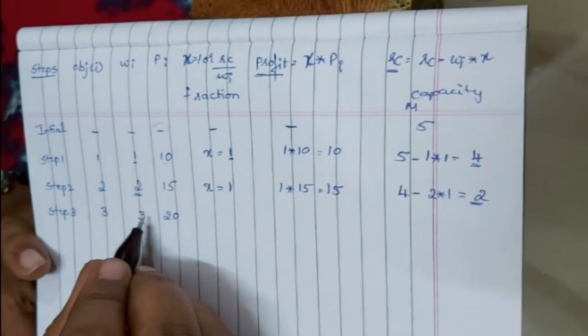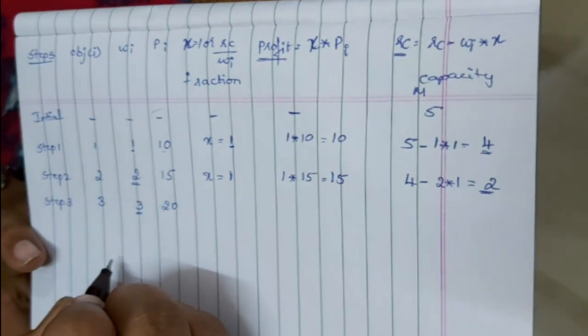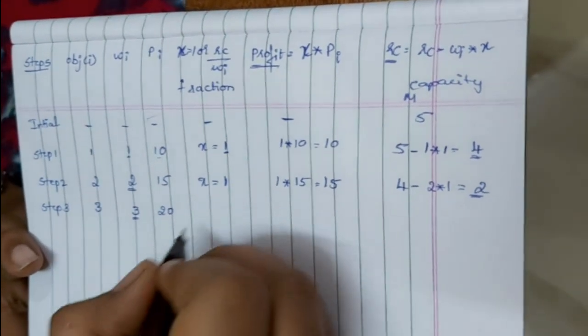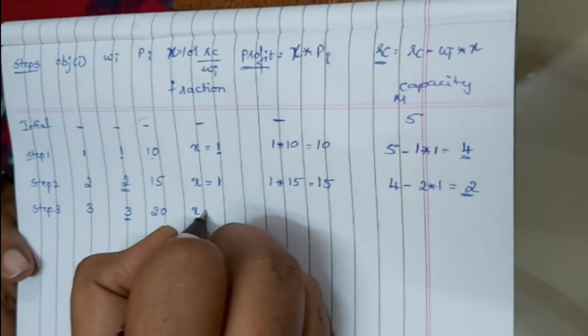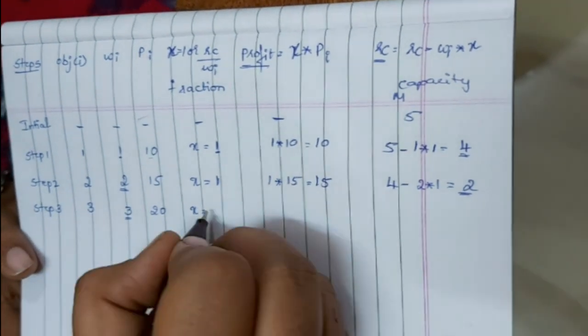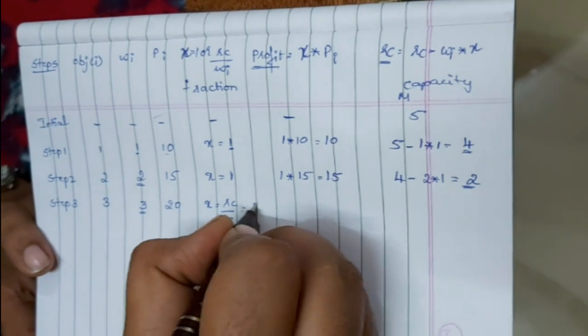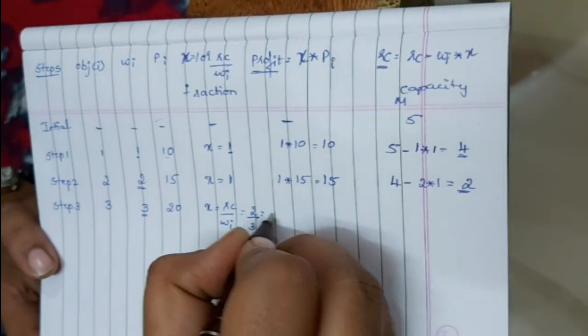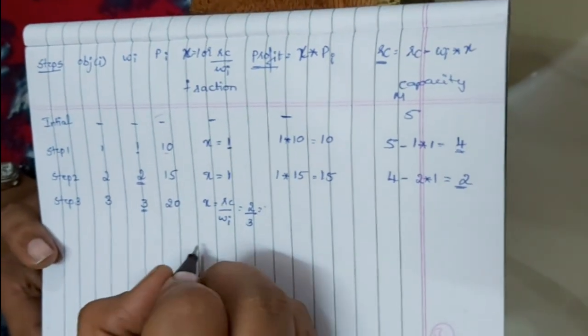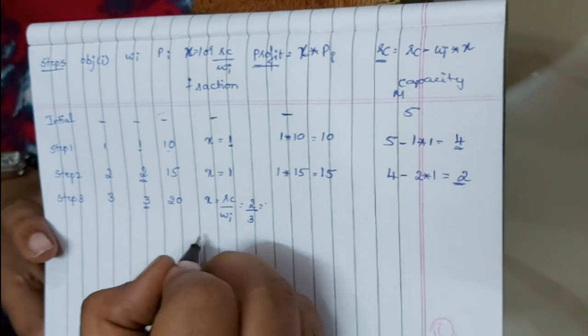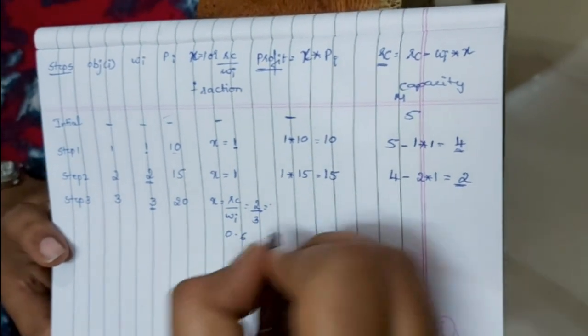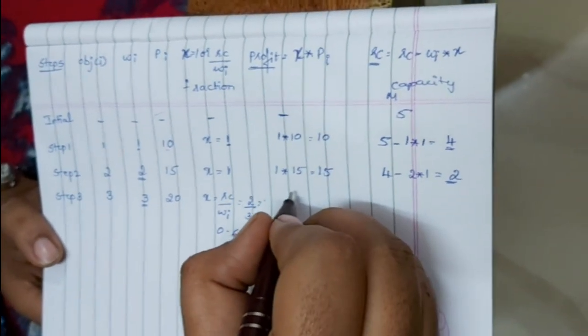So we cannot insert the entire item into the knapsack. So we are going to take only the partial weight of that particular item. That will be given as RC by Wi. RC is 2, weight is 3. So the answer of x is 0.6.